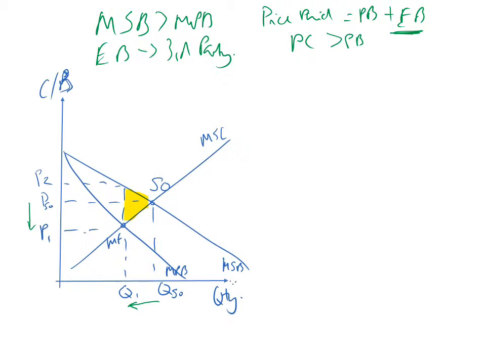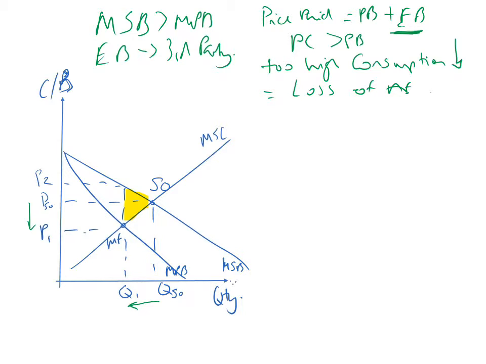Now the question is around how that is shown in the graph, because the fact that the price paid is too high means that the consumption is too low, or the production is too low, and this leads to the loss of allocative efficiency, because we are less than the socially optimum quantity.